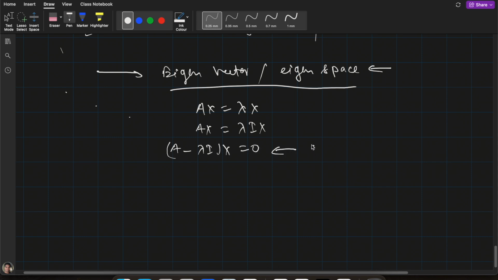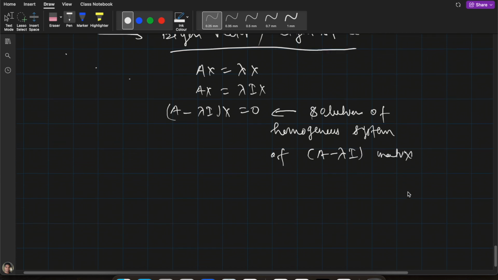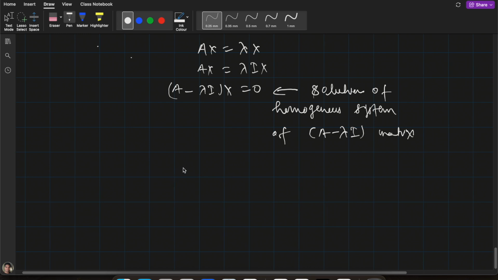It is nothing but the solution of the homogeneous system of the A minus lambda I matrix. So you can see that whatever I've already talked about the null space, right? Can someone tell me what the null space is?